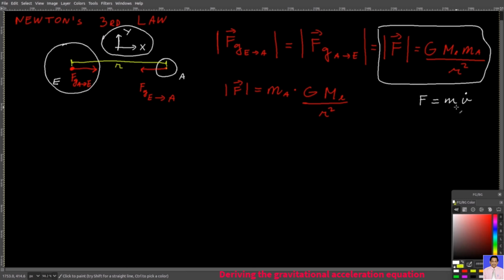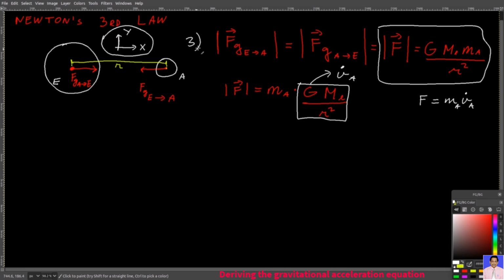So in this case it would be the mass of object A times the acceleration of object A. That means this part here is the acceleration of object A. And this acceleration is with respect to this inertia frame, which itself doesn't accelerate. It's fixed here. So that's question 1.